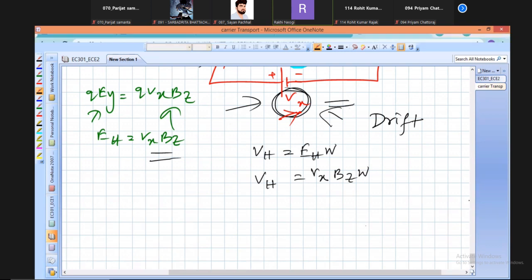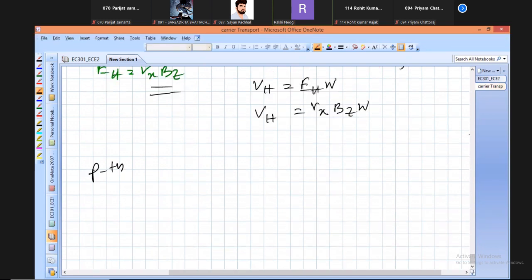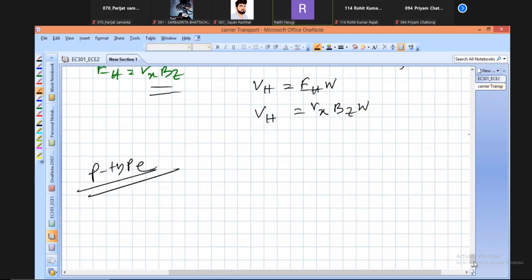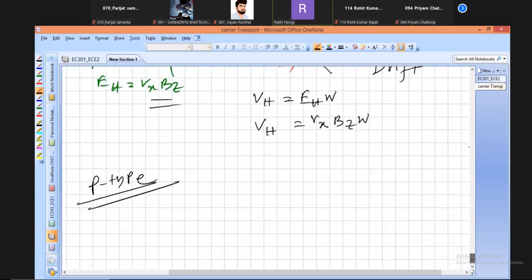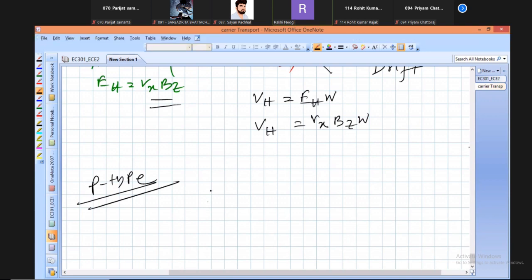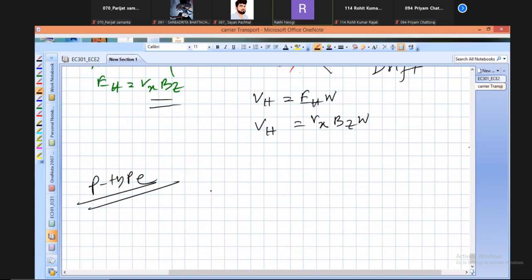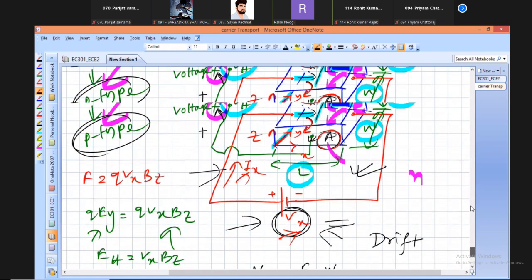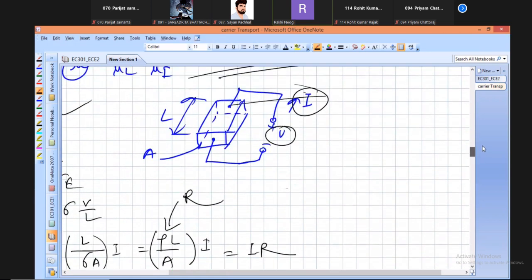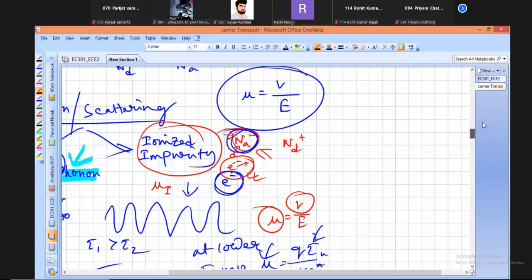Now suppose I am considering a P-type semiconductor. Whatever drift of force we observe gives the drift velocity. In the previous class I mentioned that mobility is the velocity per unit electric field. Also, whenever I derive the drift current density, at that time I write J equal to rho v_d. If you remember, I wrote J equal to rho v_d.